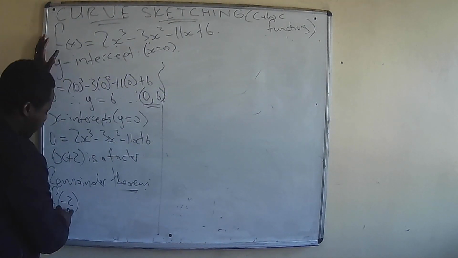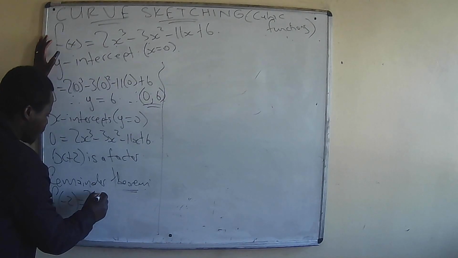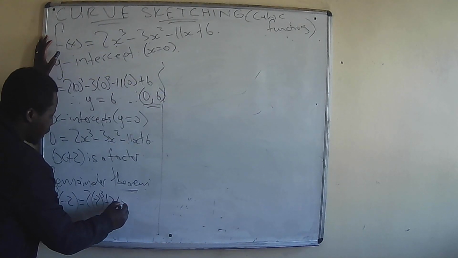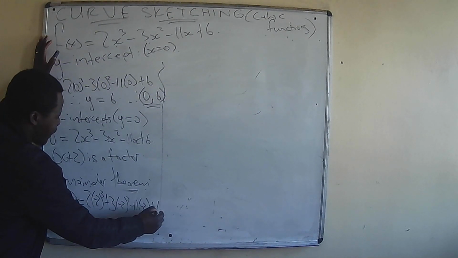So f of negative 2 into this, we're going to have 2 times negative 2 cubed minus 3 times negative 2 squared minus 11 times negative 2 plus 6.